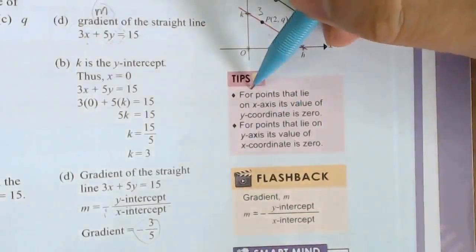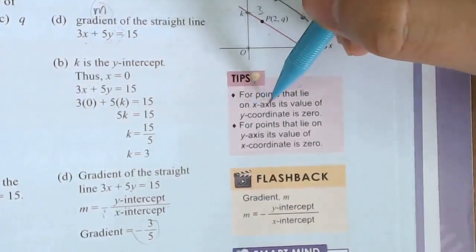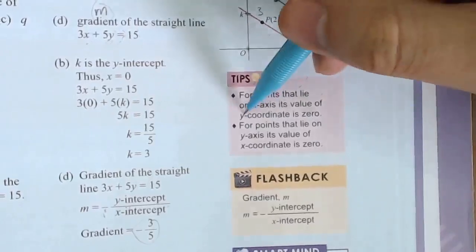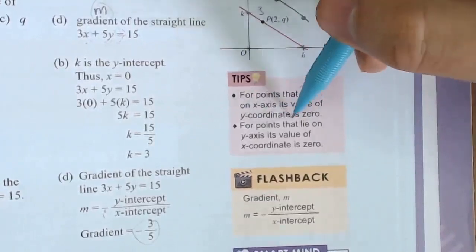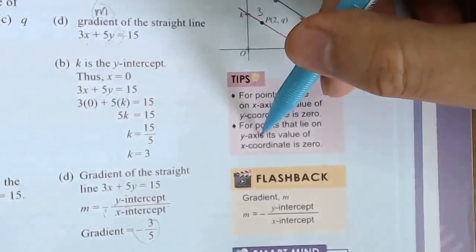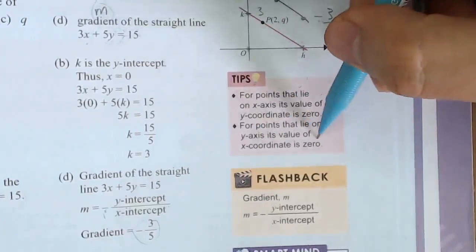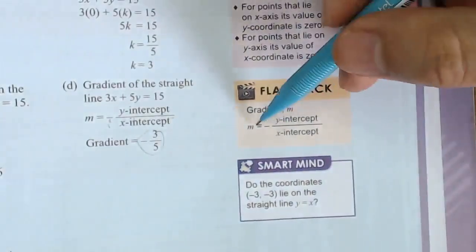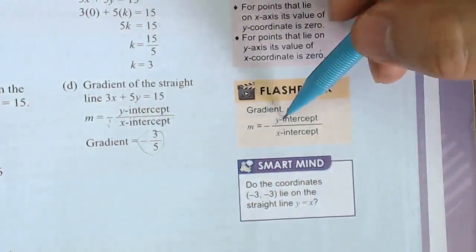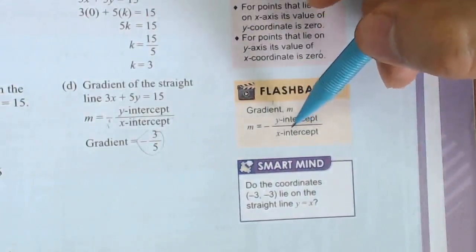Tips. For points that lie on x-axis, its value of y coordinate is always 0. For points that lie on y-axis, its value of x coordinate is 0. Gradient m equal to, okay, if we know both intercepts, then we can use the formula.